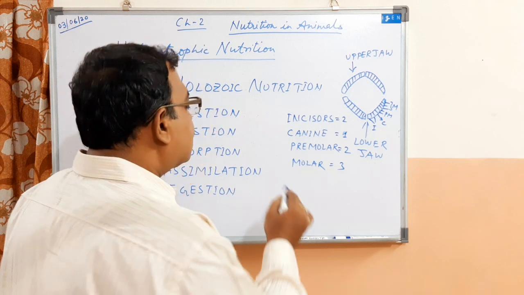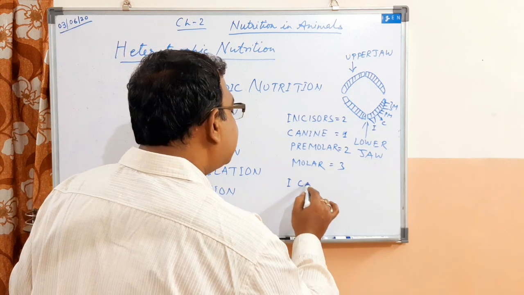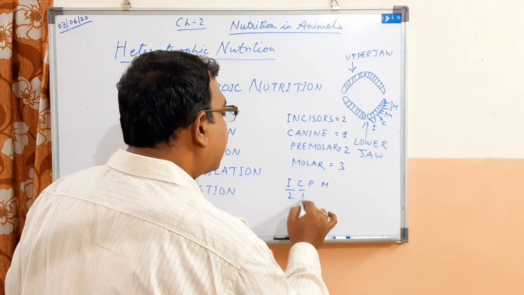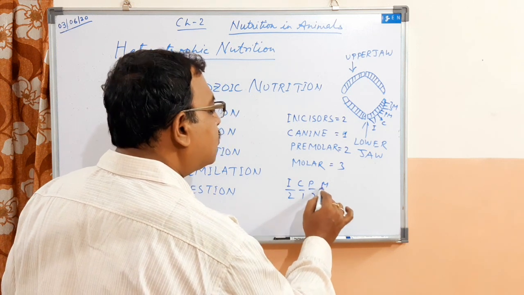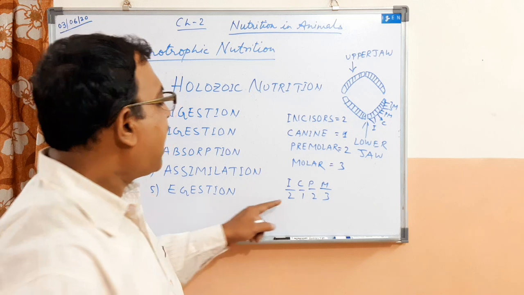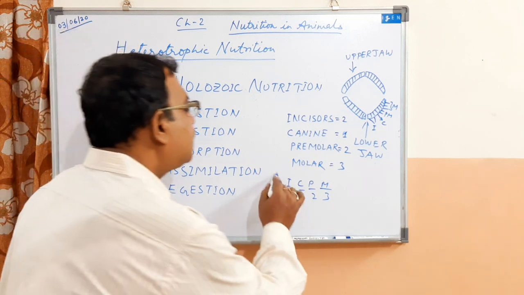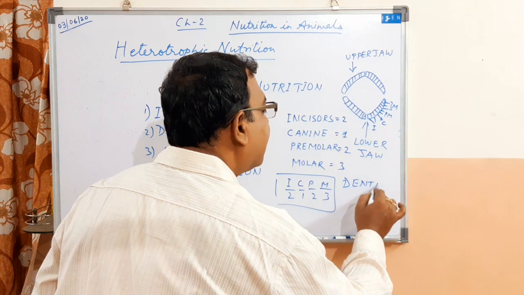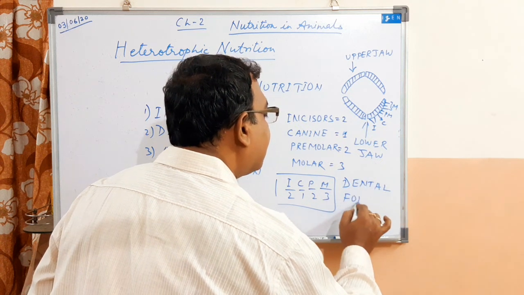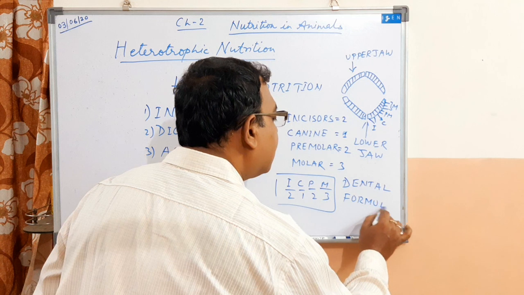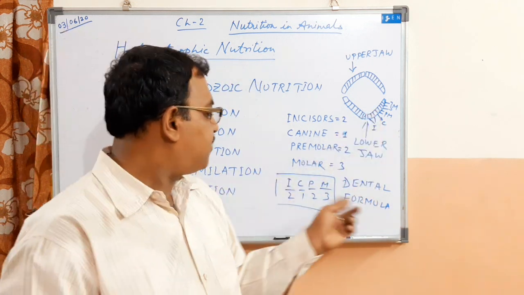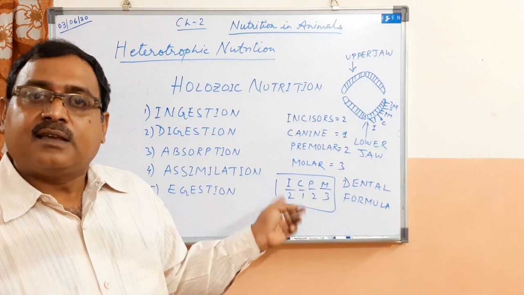Right? So you can write ICPM. Incisor 2, canine 1, premolar 2, molar 3. ICPM 2, 1, 2, 3. This is called as the dental formula. Remember, dental formula of man. That means each of these halves has these teeth in this number.